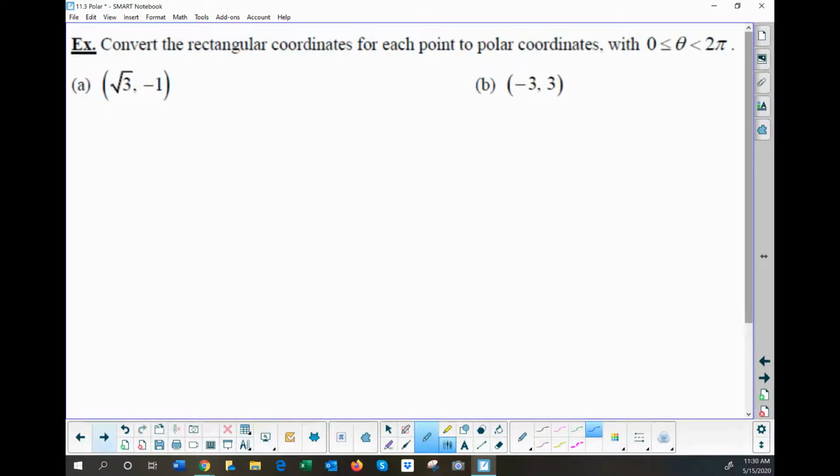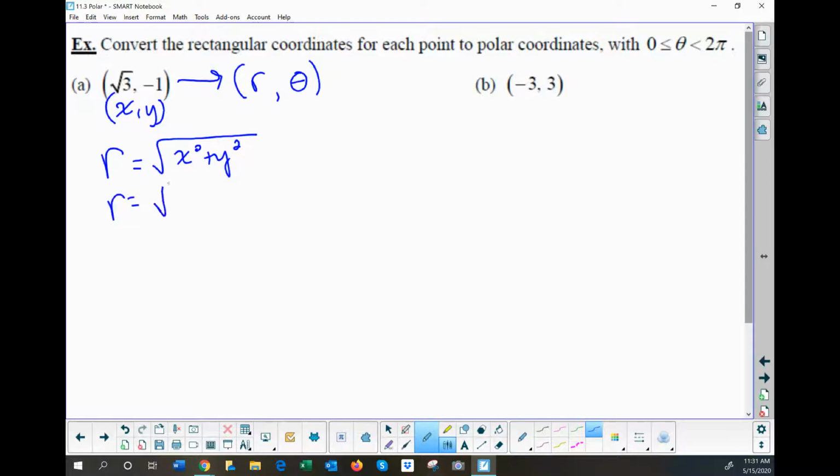Convert the rectangular for each polar back to polar. So I know what I want to do. I want to take x, y and swing it back into r, theta. How do I calculate r? Well, I know that r is equal to the square root of x squared plus y squared. Okay, let's start there.